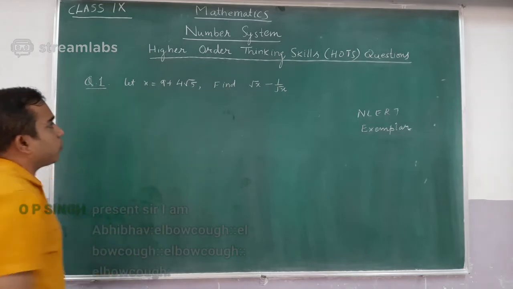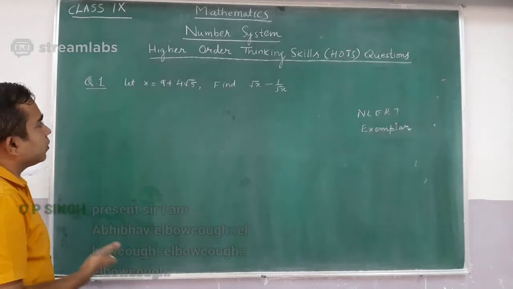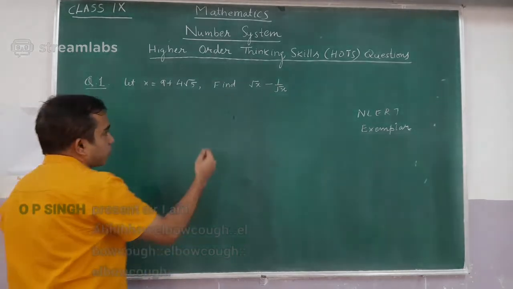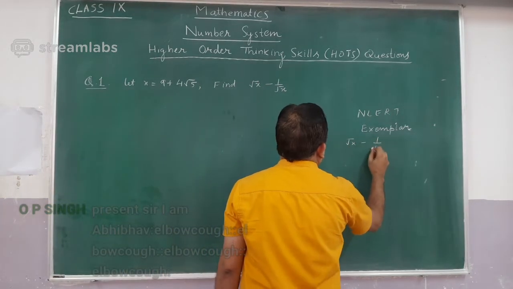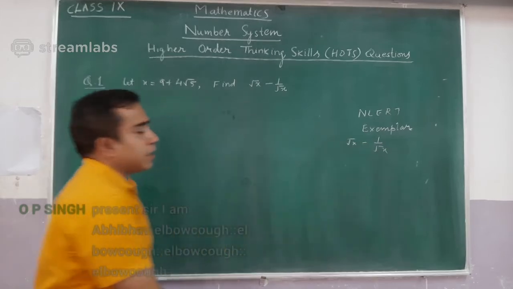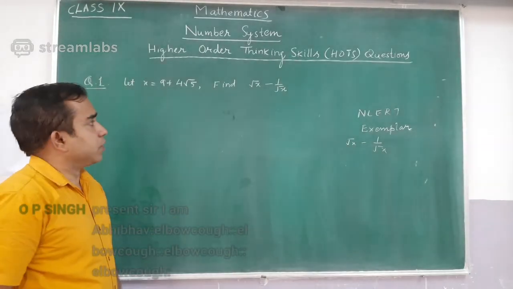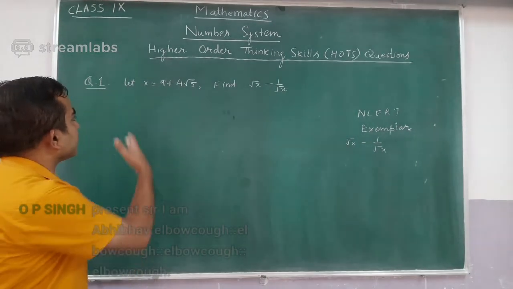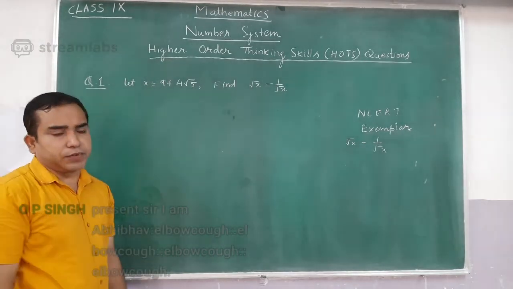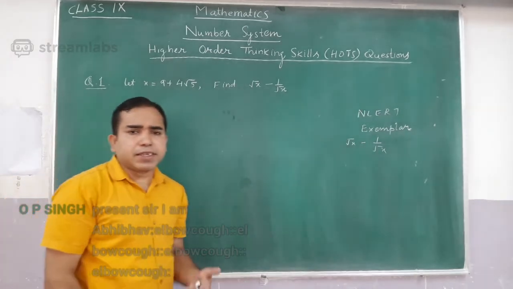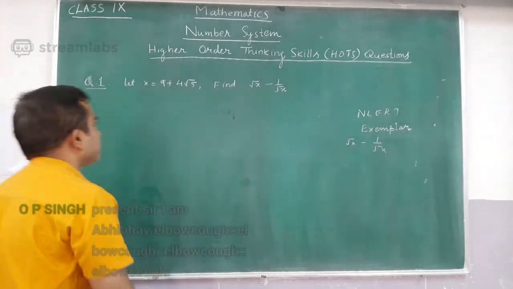Now in this kind of problem, if we start in a direct manner, that if I put the value of root x and then do minus 1 upon root x, and take the LCM, it may be time taking. So let us see this number x from another perspective. Can we write it as a whole square of something?